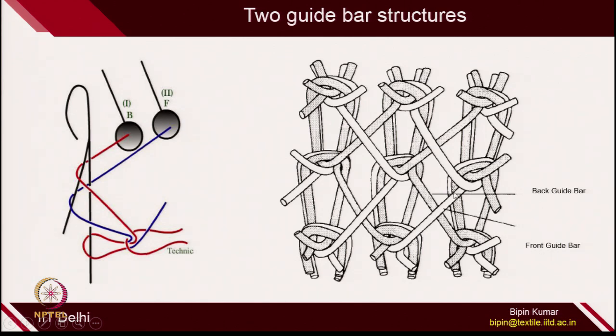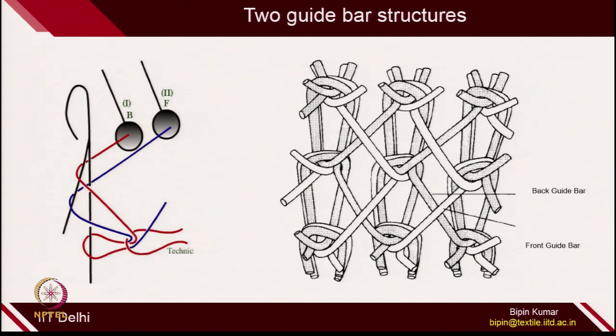The sinker loop of the front guide bar is visible on the technical back side, and the sinker loop of the back guide bar is floating underneath the front guide bar yarns. Also, if you see the overlap, the head and the leg position, the back guide bar yarn is visible on the overlap position, while the sinker loop of the front guide bar is visible on the technical back side.